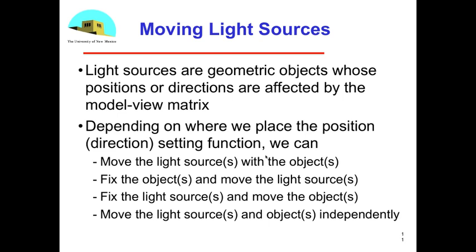Now, it should also be affected by the model view matrix. But whether it is or not is going to depend on where you place that light direction in your code. So you can have all kinds of combinations depending on where you specify the light relative to where you specify the model view matrix.